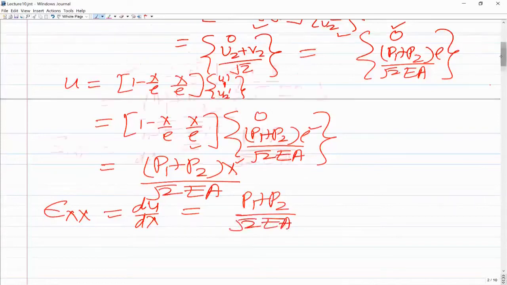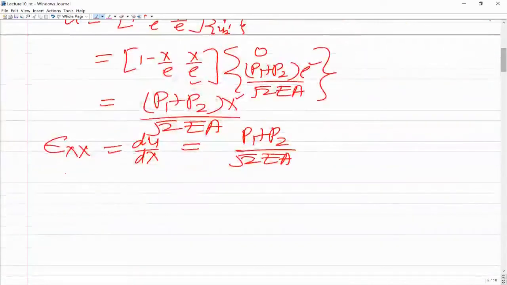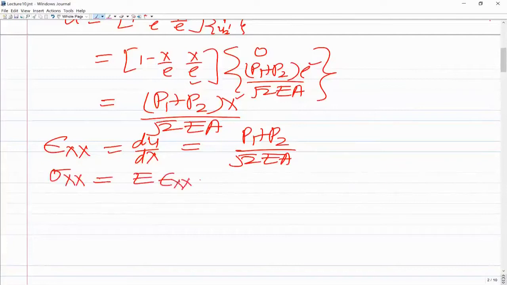So it is not in terms of the global coordinate system, but in terms of the local coordinate system. So sigma xx would be E times epsilon xx, so that would become (P1 plus P2) upon root 2 into A. So this is the stress in the first element.